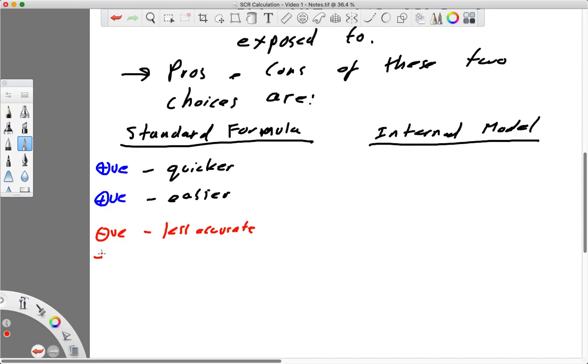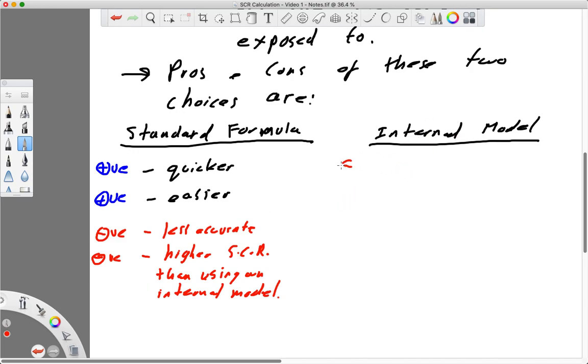And also maybe you get a higher SCR than using an internal model. And so that's a big motivation for people using an internal model, that actually you're going to end up using less capital because you're being more accurate in some sense. Although that does depend on the regulator approving the use of your internal model.